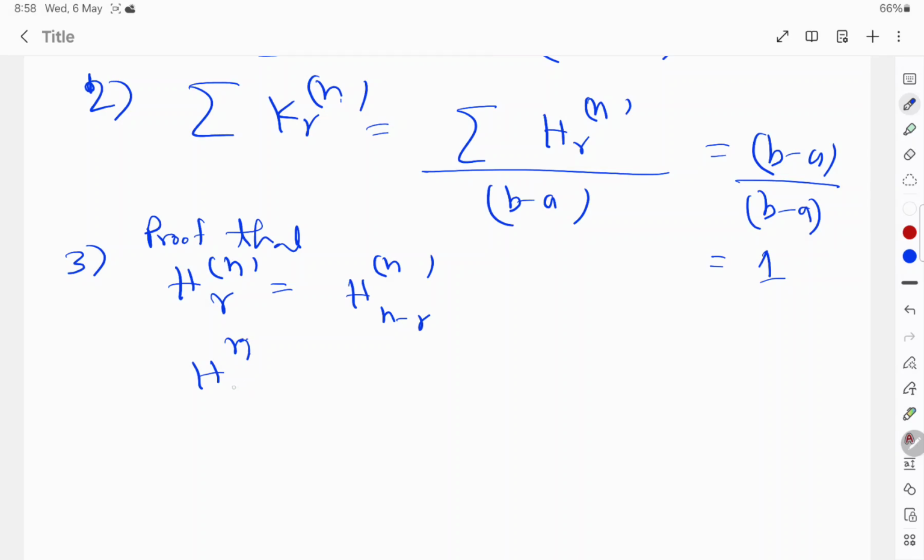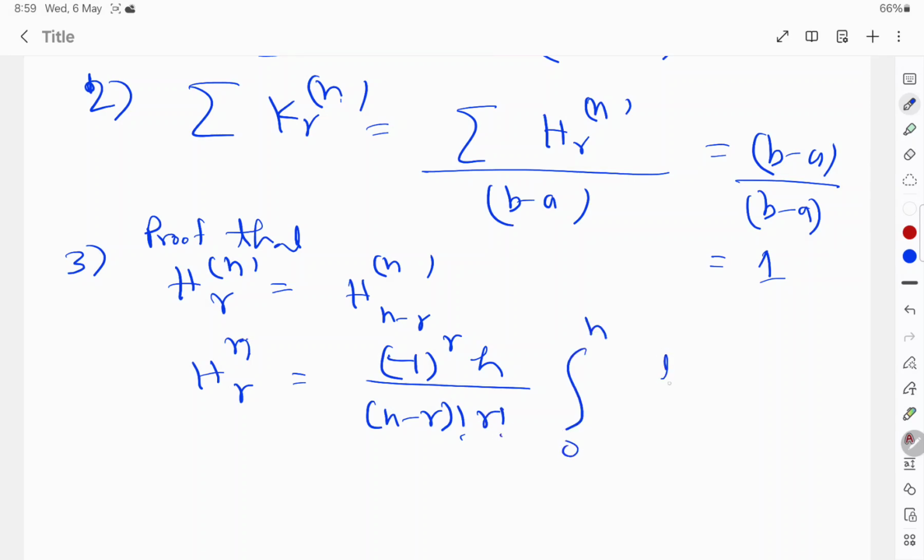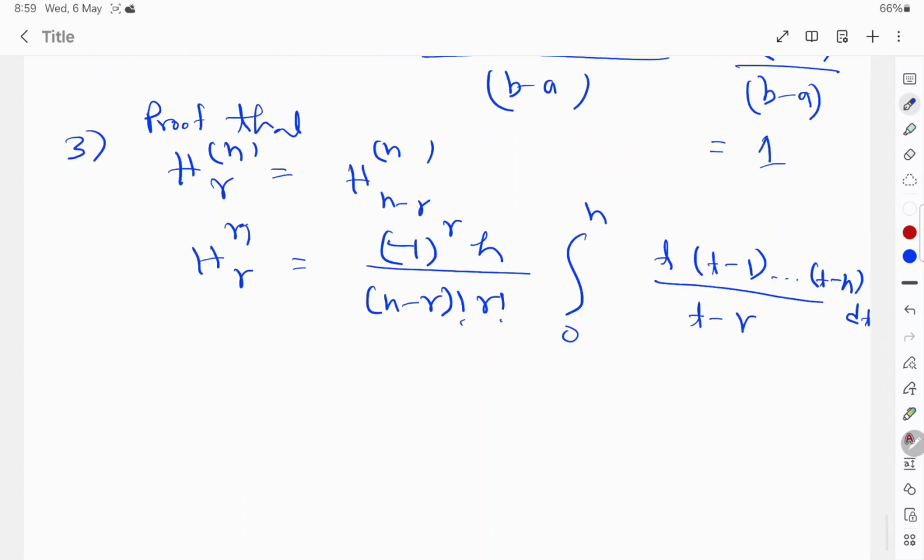So what is your H_r^n? You know H_r^n is minus 1 whole to the power r, h by r factorial n minus r factorial, integral from 0 to n of t minus 1 dot dot t minus n divided by t minus r, basically dt. So you have this thing.